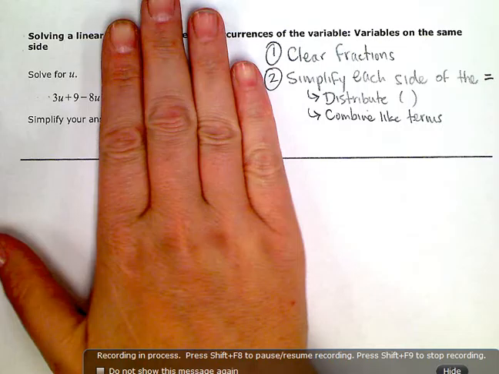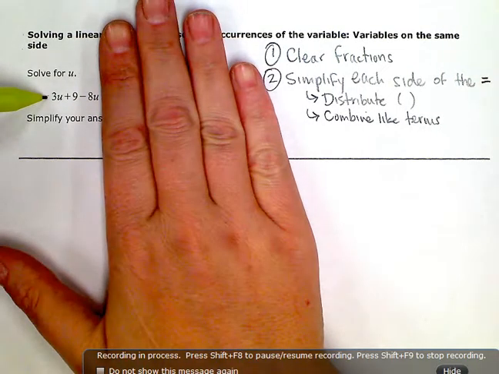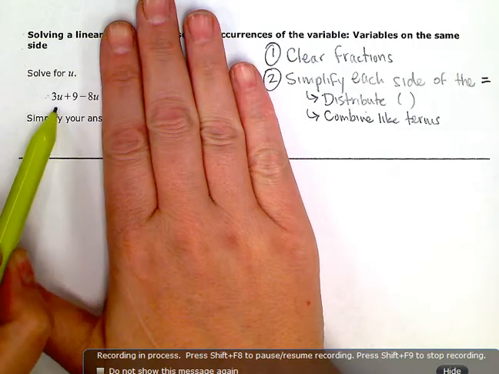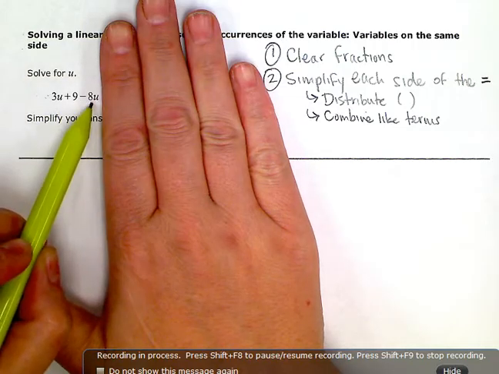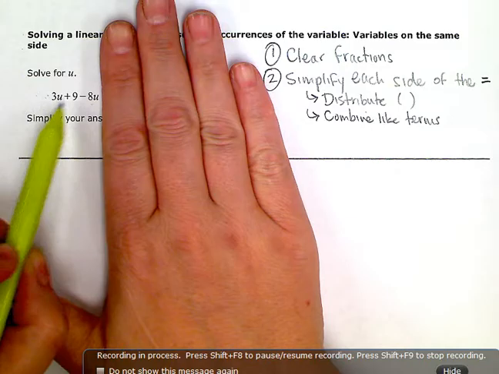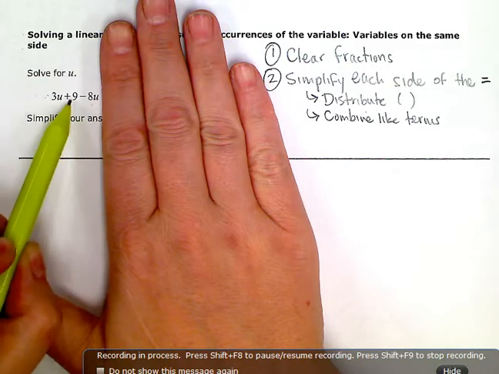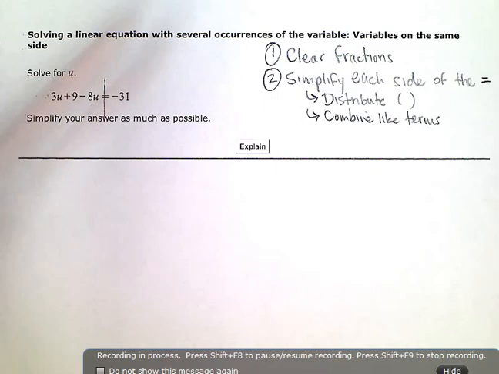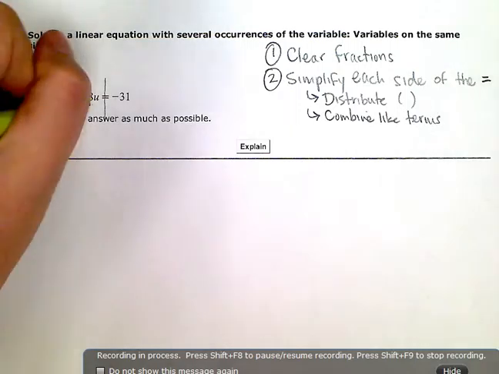So I look over here at my left side and think, do I have any like terms that I can combine? And I do. I have 3u and 8u. They both have u as part of the term. This one doesn't have a u, so it's not a like term with the other 2. But I'm going to combine those.